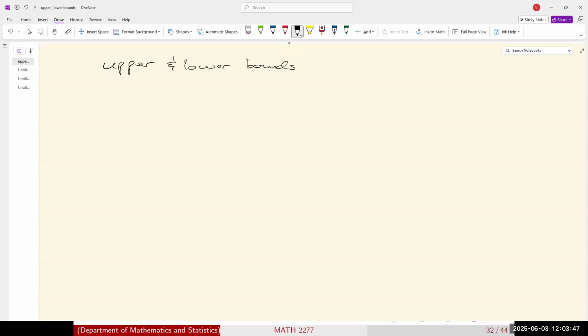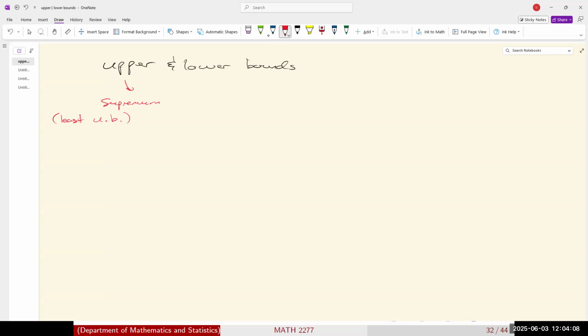of a set. In particular, we are interested in a very special upper bound that we give the name the supremum, or the least upper bound. For upper bound, I'll write UB.